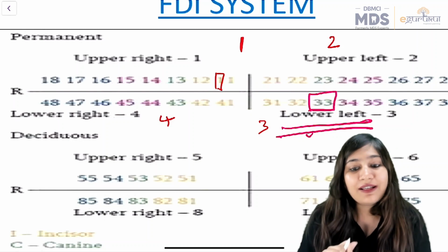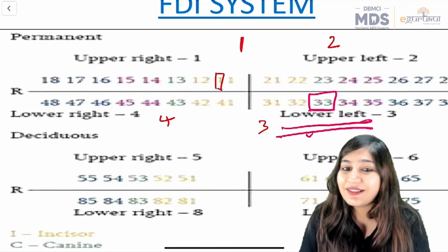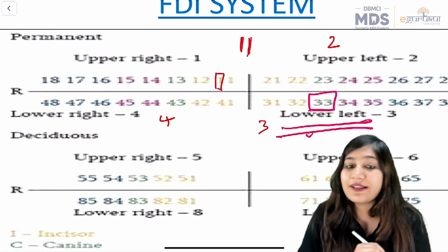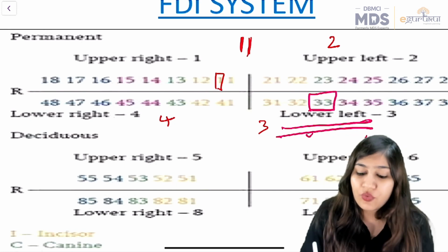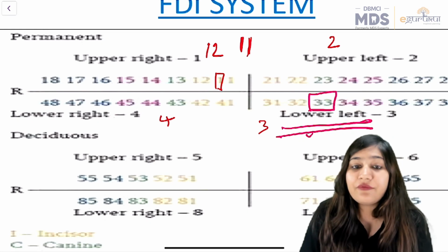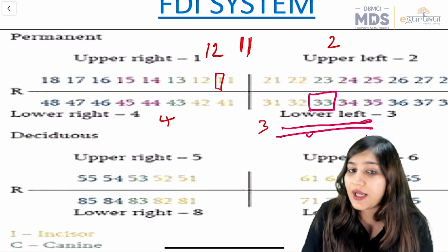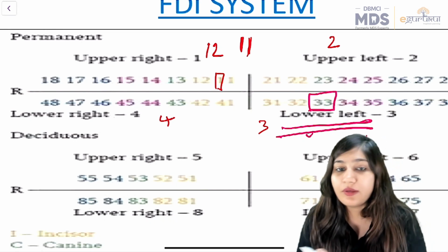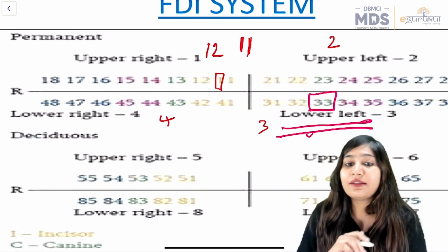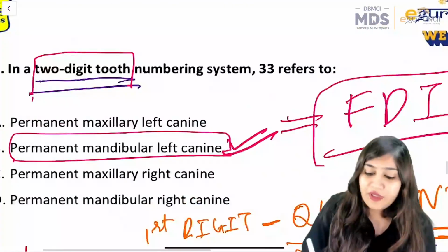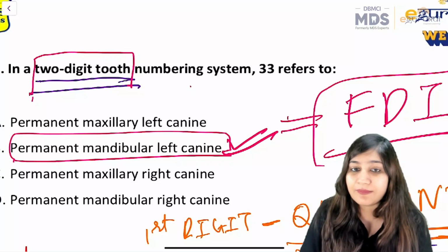Now comes our second digit, that is tooth. If it is 1, then it is central incisor. Coming to 1, 2, we don't spell it as 12. It is 1, 2. So here we are saying 3.